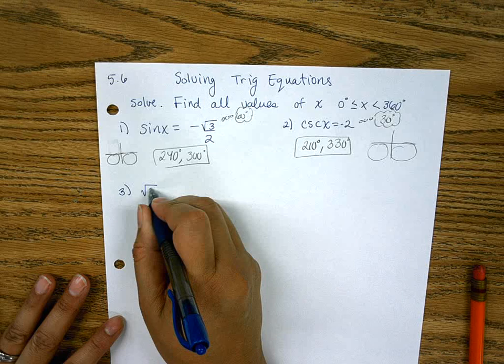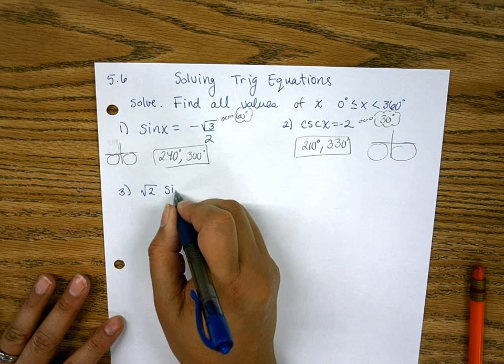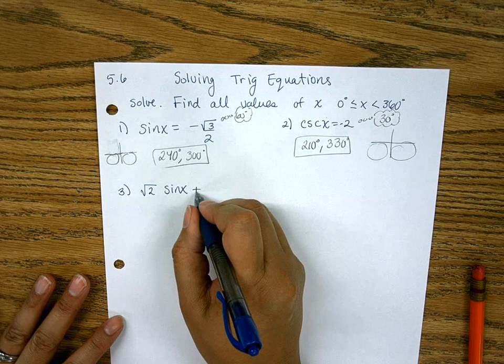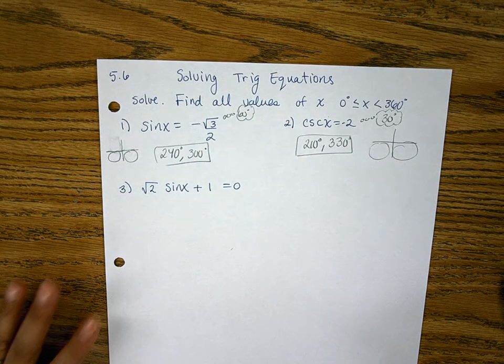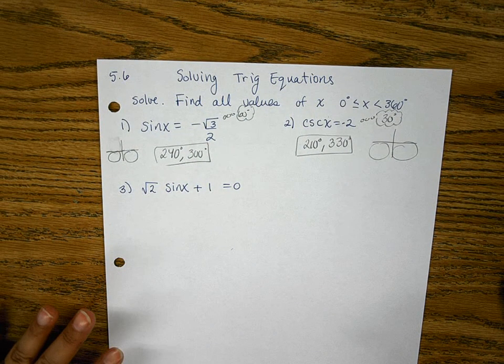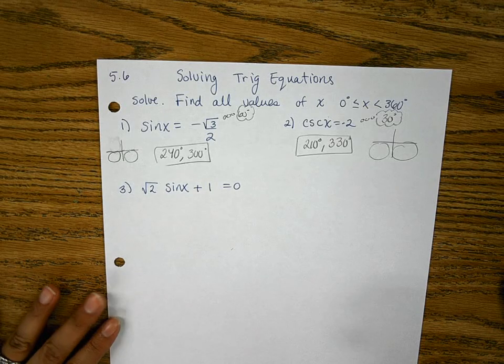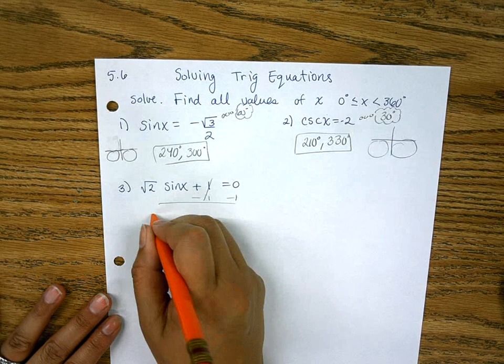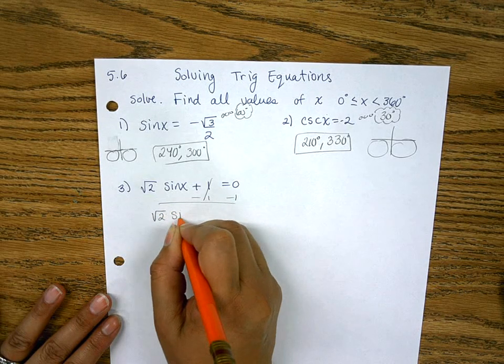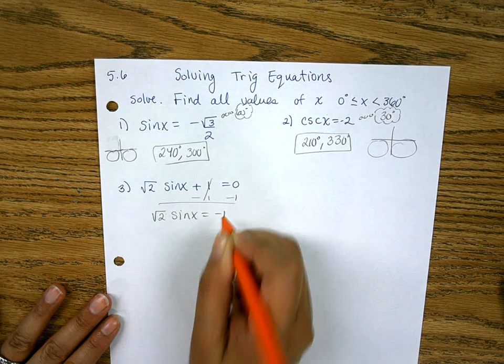Number 3, square root of 2 times sine of x plus 1 equals 0. Now here you have a little more work because you have to get the sine x by itself, just like what we've solved in the past. Subtract 1 from both sides.